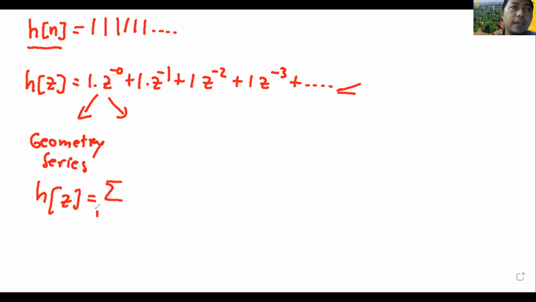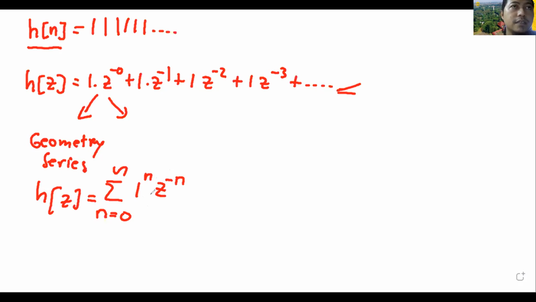For n equal to 0 to infinity, this is 1 to the power of n. Actually, one to the power of any value is still 1. And then z to the minus n, right?